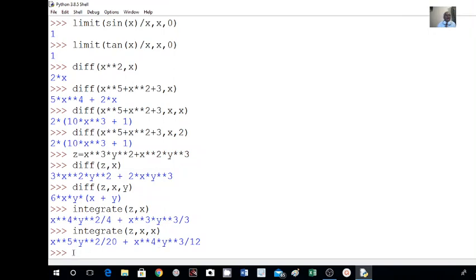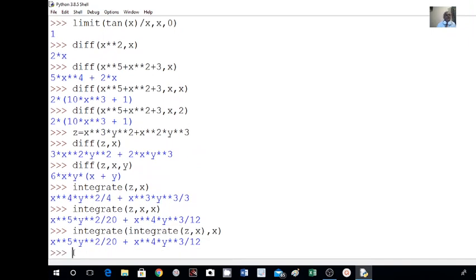Or if I write like this, integrate open bracket, integrate open bracket z comma x, bracket close comma x, bracket close.